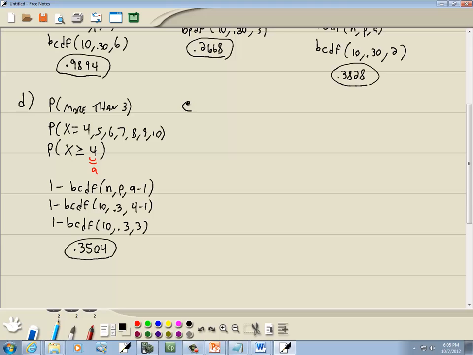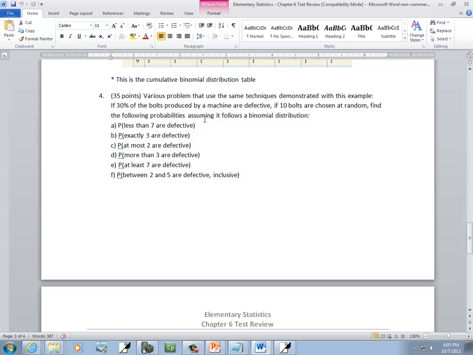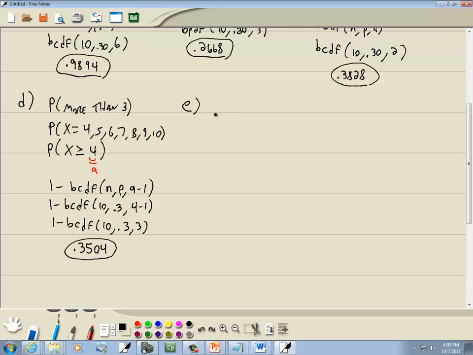Okay, so E. At least 7. Well, that includes 7, so we got x is equal to 7, 8, 9, and 10. Writing this in inequality form, that's x is greater than or equal to 7, which is exactly the same form we just did.